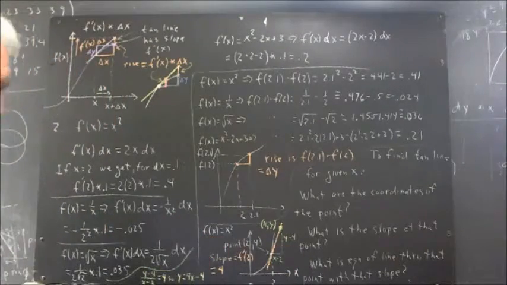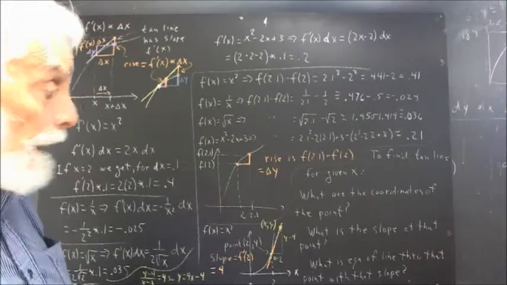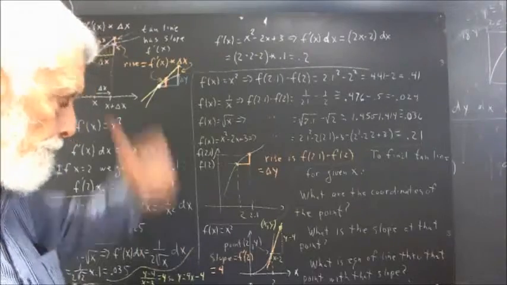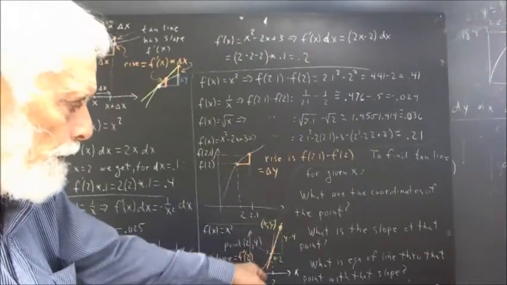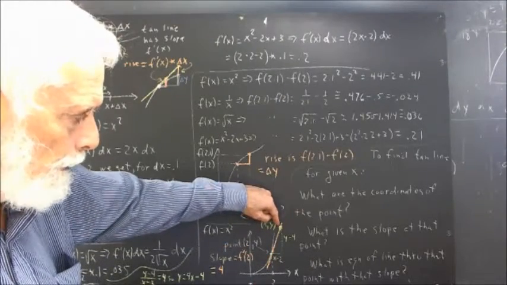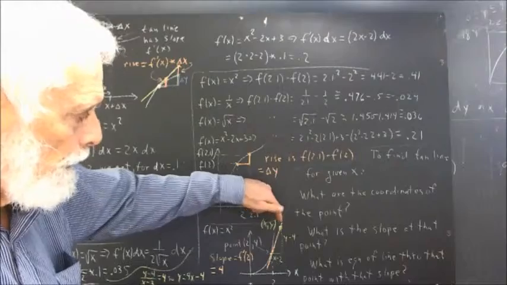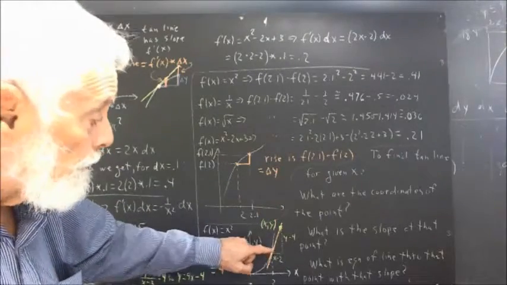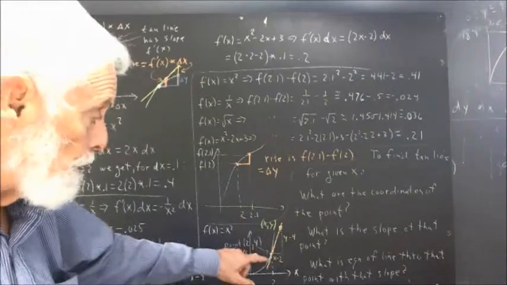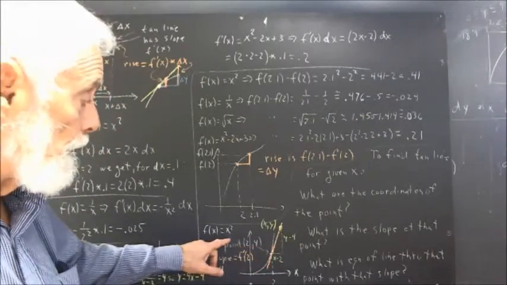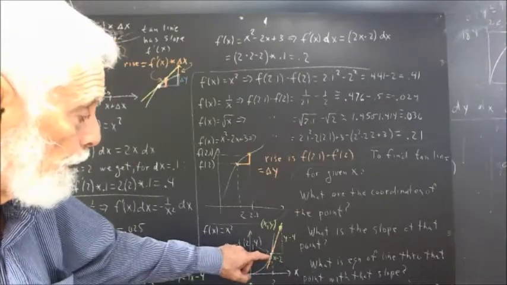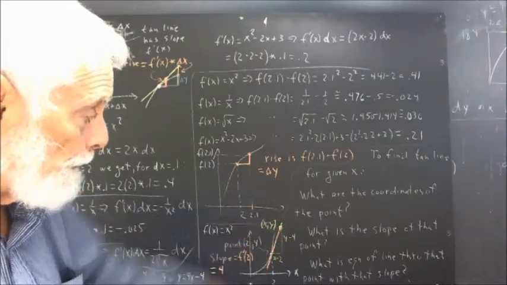And when we do that, the way I've advocated that you think of the equation of the tangent line is you have the tangent line, you have the point, you have a point x, y on the tangent line, and between the known point and the point x, y, you have a rise, y minus whatever the y coordinate of this point is. In the case of the y equals x squared function, the point's 2, 4, so the rise from the point 2, 4 up to the point x, y is y minus 4.